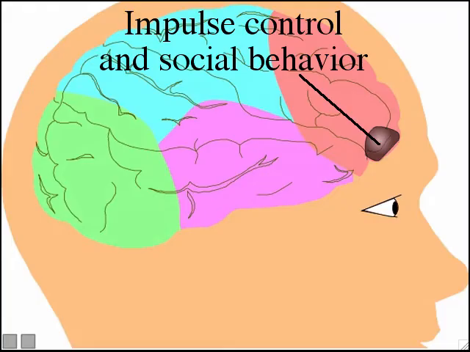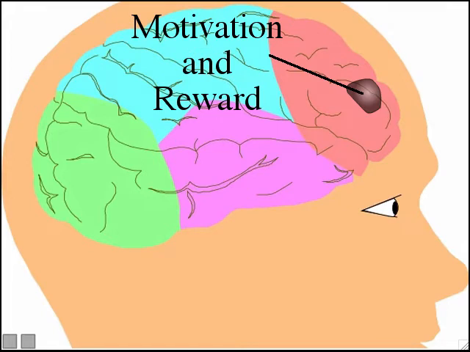Now, another part of the frontal lobe is involved in what they describe as motivation and reward, and basically that part generates feelings, well, of motivation that make us want to do whatever actions we feel like doing.